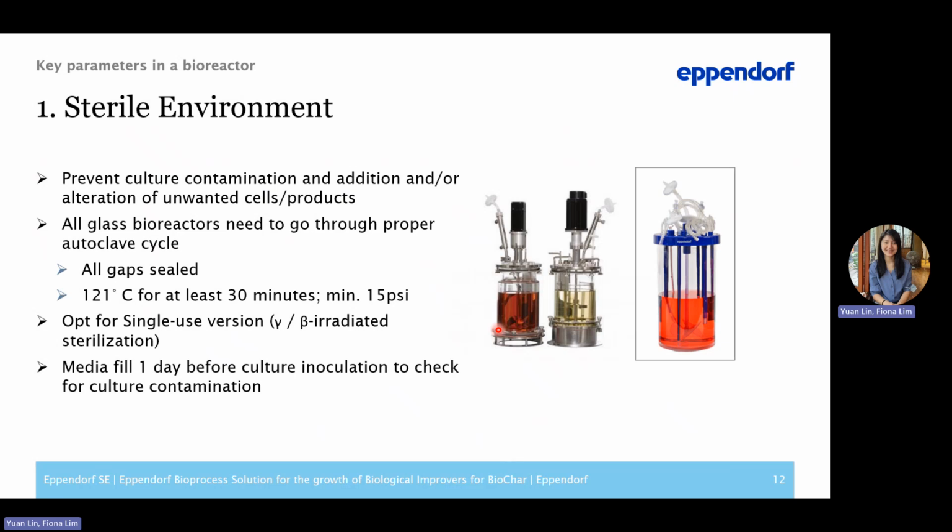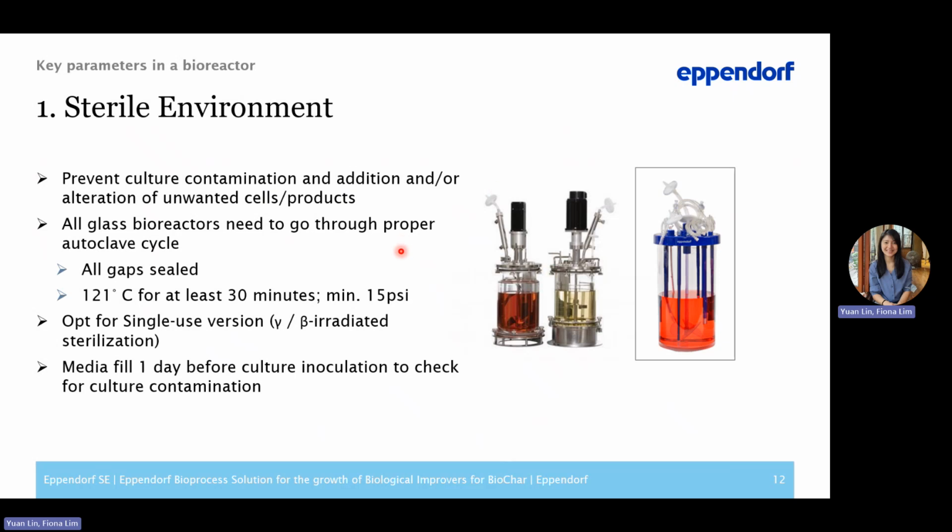So we would generally have all glass bioreactors go through a proper autoclave cycle, which means that if you have tubings or anything on the head plate of the bioreactor, we need to make sure that there is no gap. And we'll load them in something called the autoclave, if you are familiar.